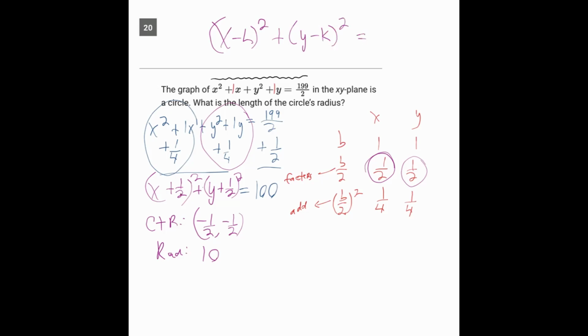So whatever number you see in this spot here, that's the opposite sign of the value for the center, whether it be x or y. And so we have this being r squared. So 100 is our r squared, if you want to write it separately somewhere. 100 is r squared, and you could have taken the square root of both sides to get r is 10. And that's our answer for this question, 10.